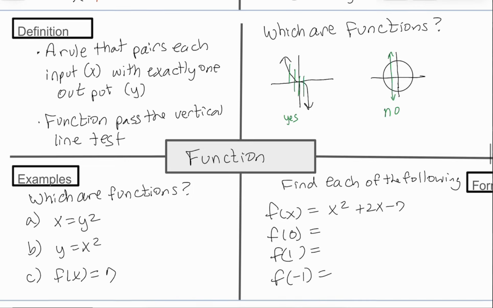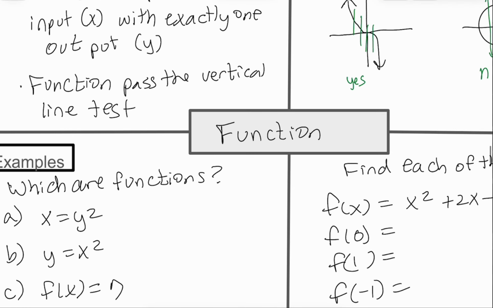Let's go in the bottom left corner, which are functions. A graphical interpretation is a really good way to tell if something's a function. If you put this into Desmos, it looks like this. That's a no. But this one goes, and it's a parabola going upward. That's a yes. And this is a horizontal line at 7.